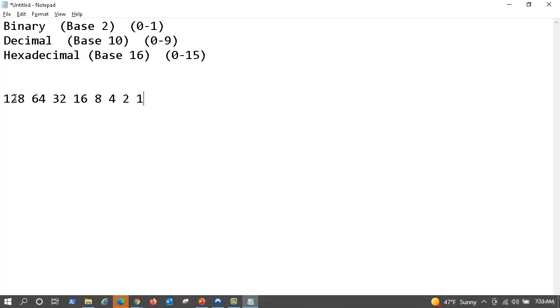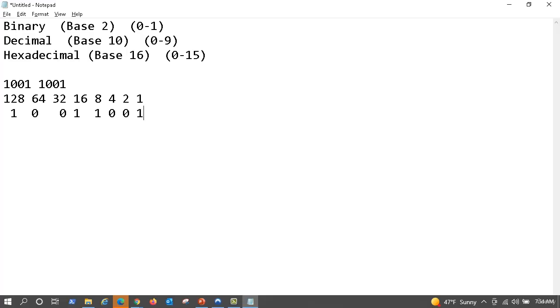If you get a binary number that looks like this, and they ask you to convert it into decimal, all you have to do is place that number under the corresponding values. So 1, 0, 0, 1, 1, 0.